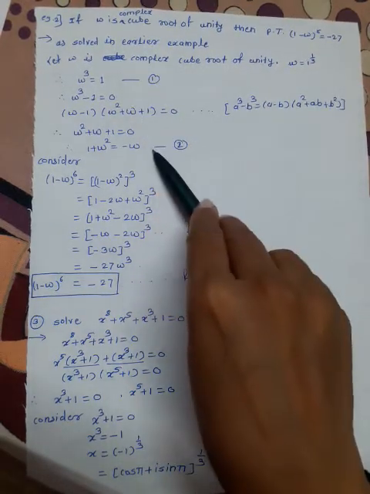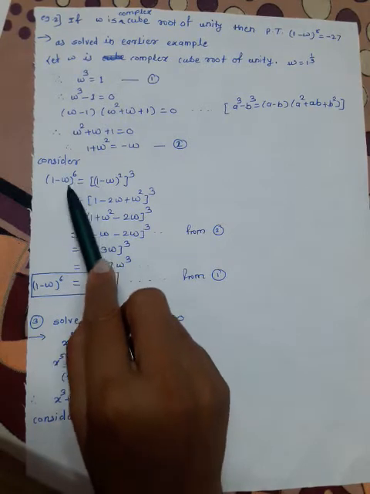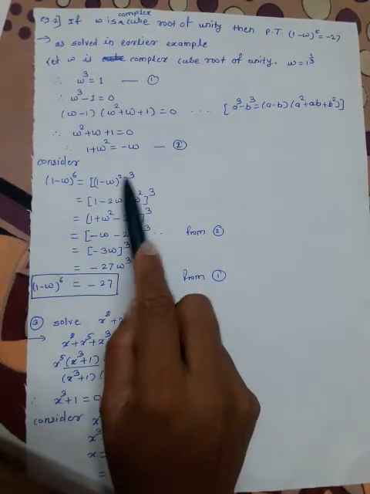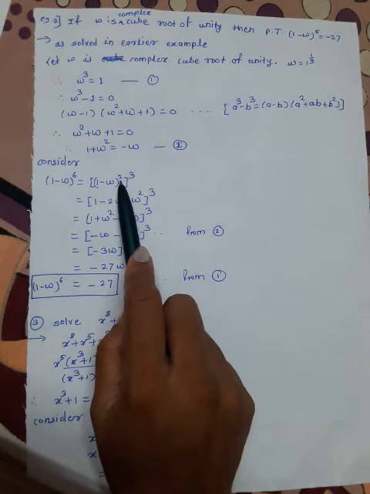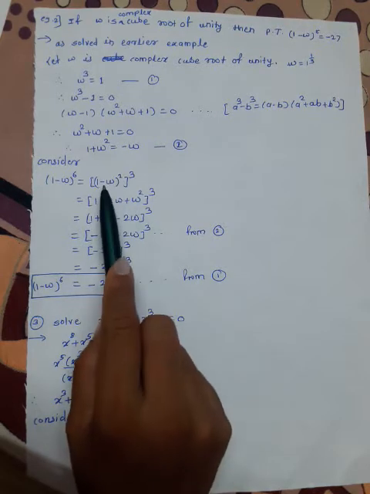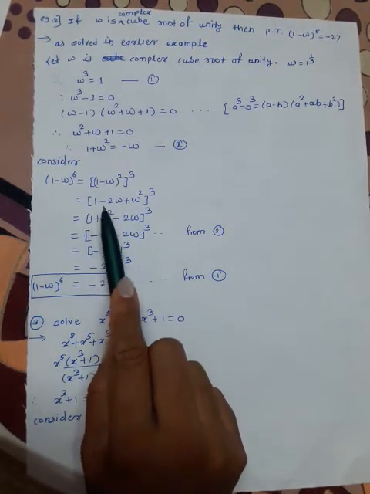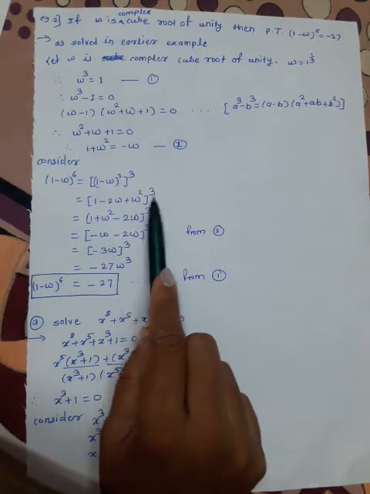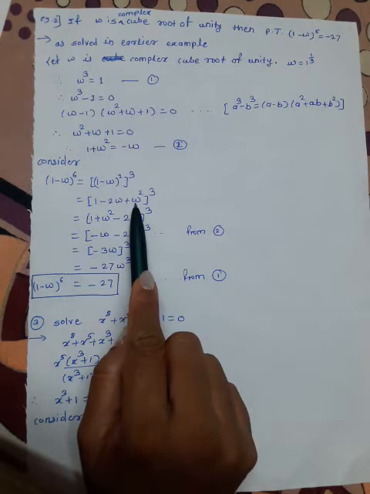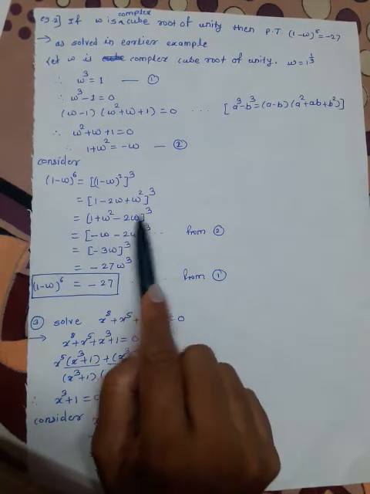Now we had these two equations. Now consider this LHS, 1 minus omega raised to 6 is equal to, split this 6 as 3 into 2. Splitting of indices only, 3 into 2. Now expand this bracket, a minus b whole square, that is a square minus 2ab plus b square, raised to cube as it is. Now combine 1 plus omega square, minus 2 omega as it is, raised to cube.